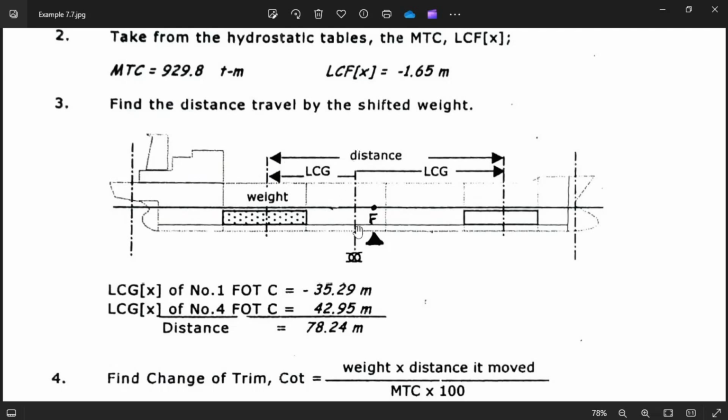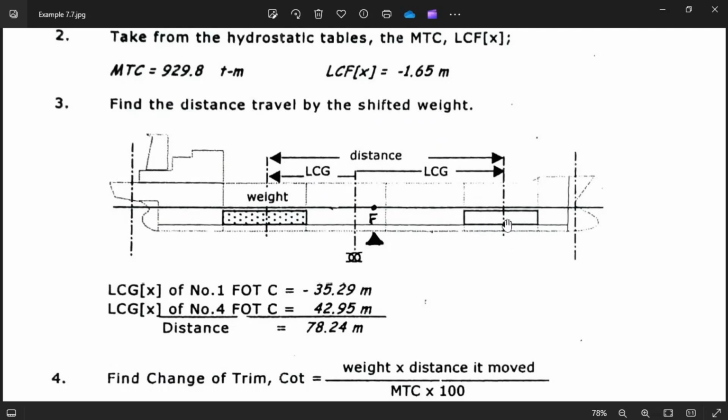The distance from amidship going to the middle of FOT number 4 is 42.95. So 42.95 starts from amidship going backward to the middle of the tank. Okay?